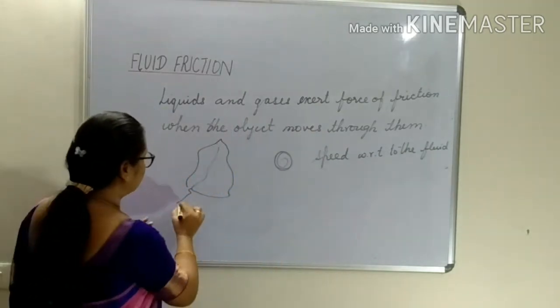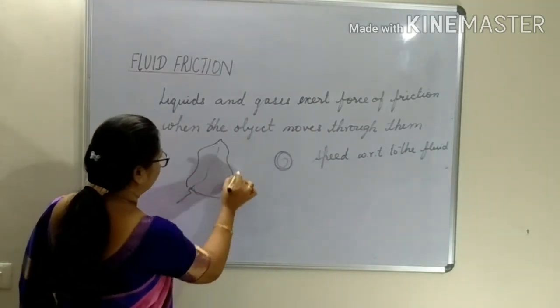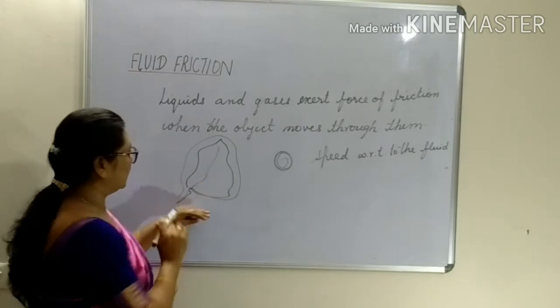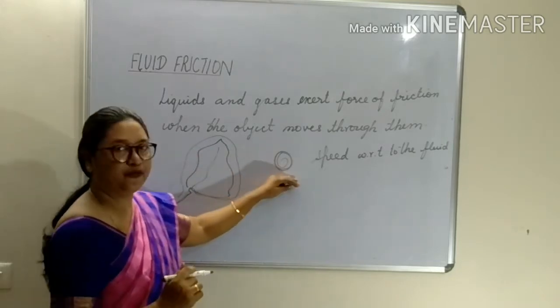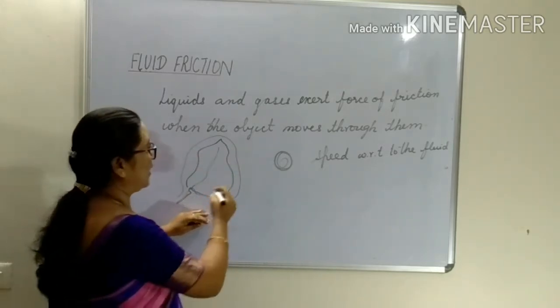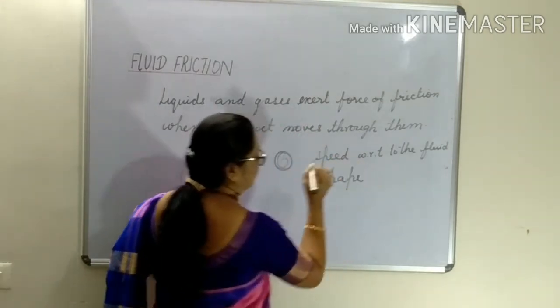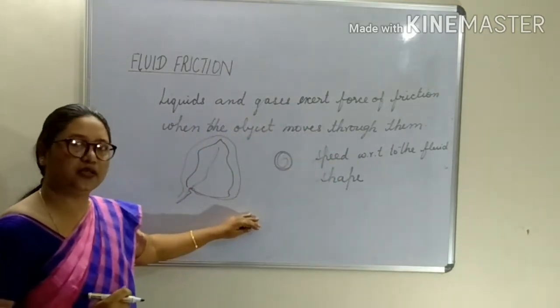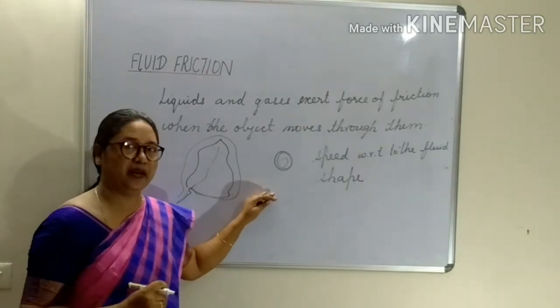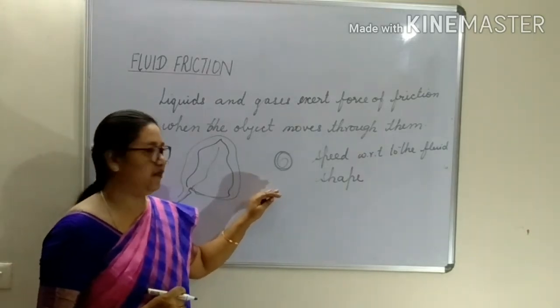Next, just see the shape of the leaf and the fruit. So we can say that it depends on the shape also. Later on we will also discuss streamlined shape.